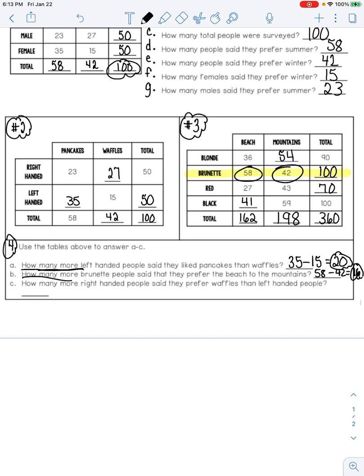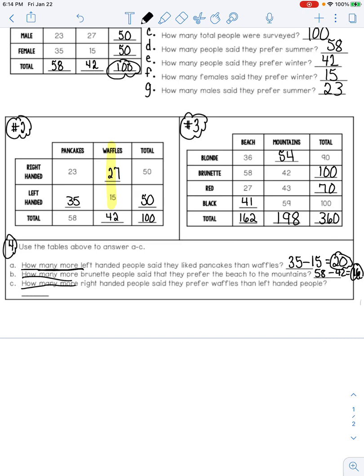Let's try one more. Question C. How many more right-handed people said they prefer waffles than left-handed people? Okay, so we're looking at waffles. And the question says, how many more right-handed people?